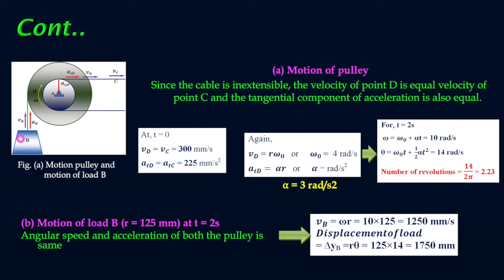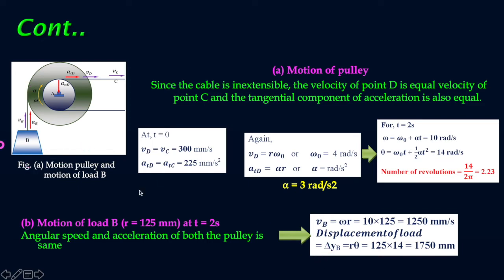And as the velocity is Vv, what is the displacement? For this point of the bigger pulley, the total displacement is r theta, and the block is connected to the same cable here.